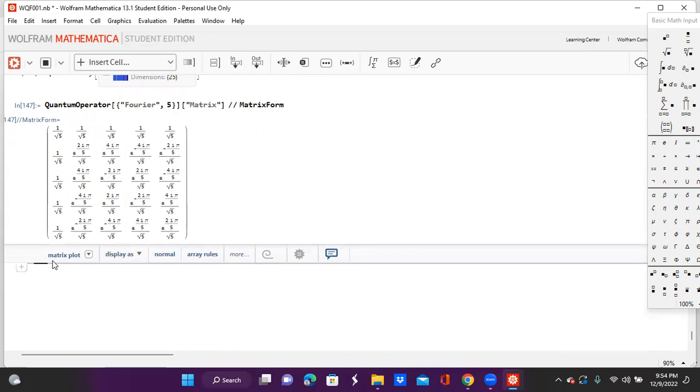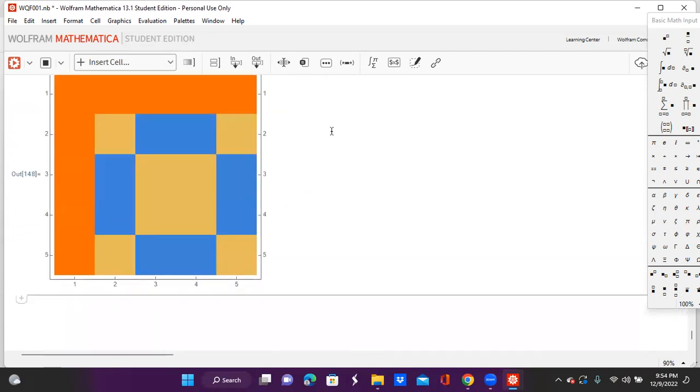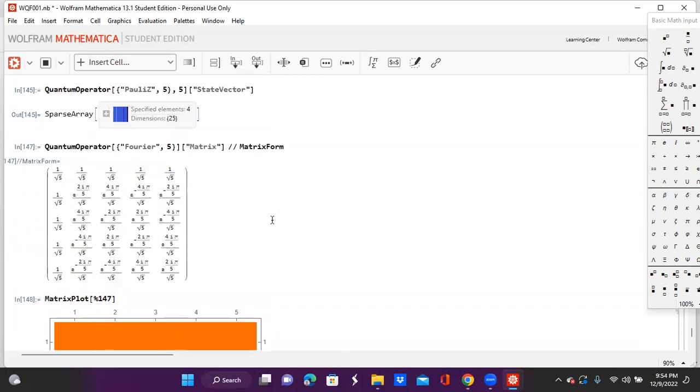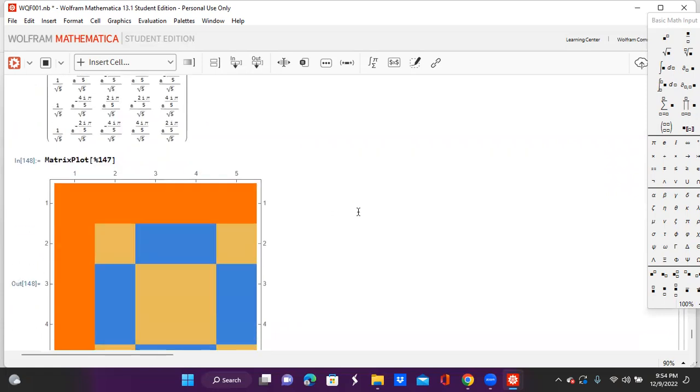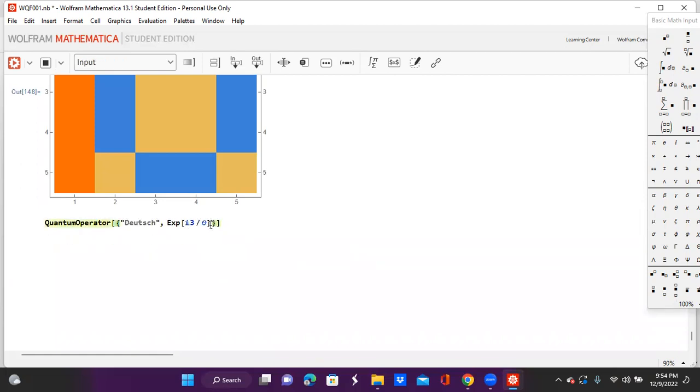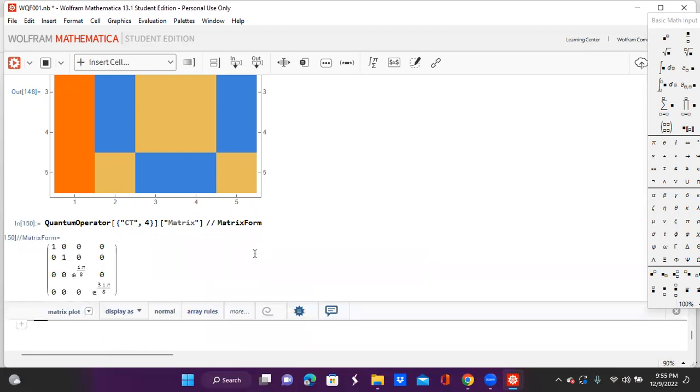This is the all important Fourier transform. All important Fourier transform. What a CT looks like.